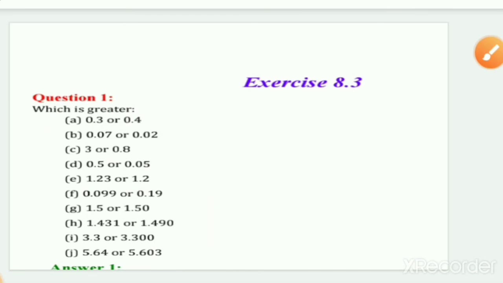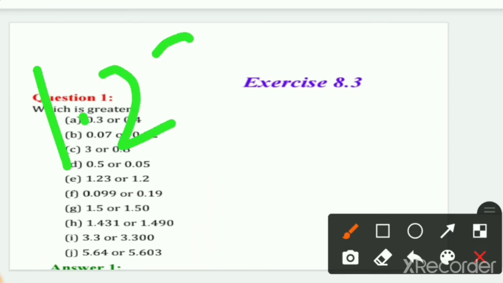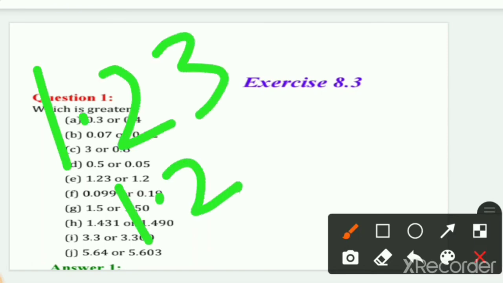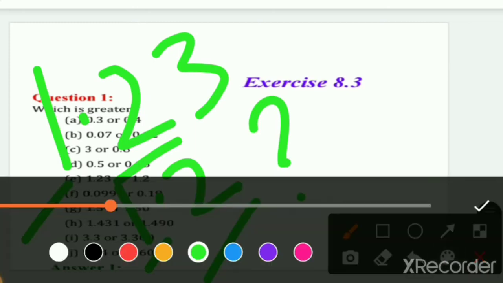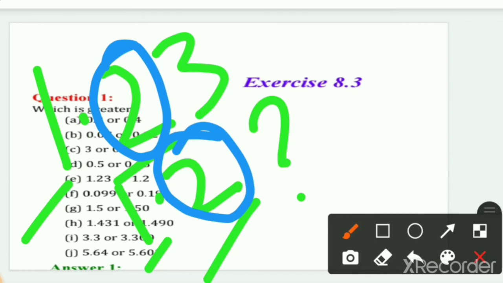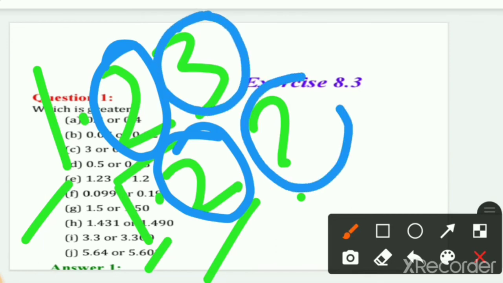Now moving to part E, we have 1.23 and 1.2. As you can see, the digits are the same up to the tenths place, but here there is no hundredths place given.